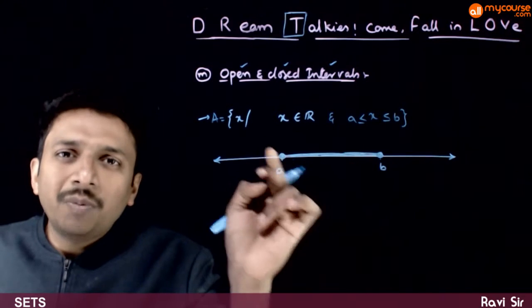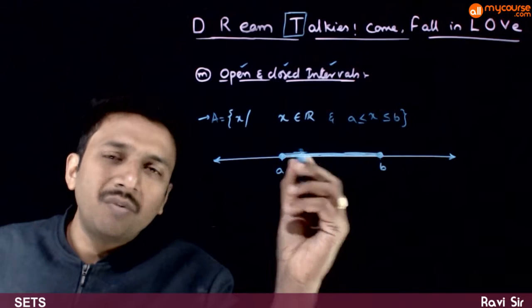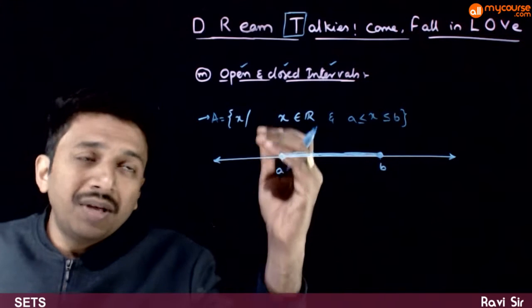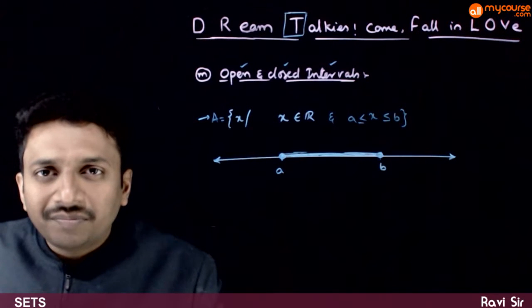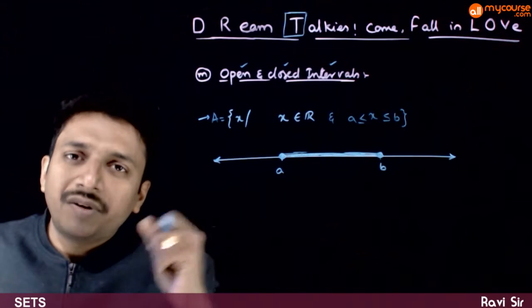So this set cannot be written in roster form because real numbers are continuous. You cannot write one number after the other number as you write in roster form. So there is only one way you can write it, in set builder form, but you get this very often while solving questions.